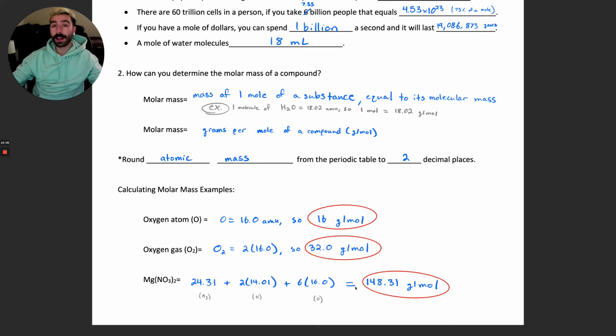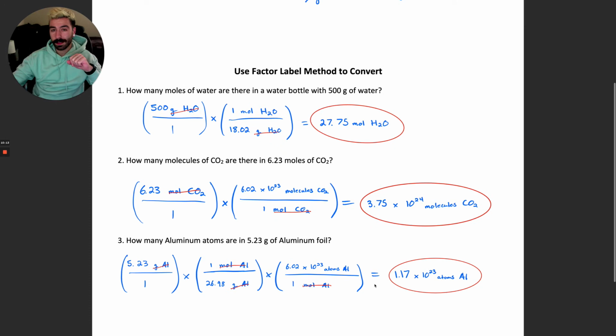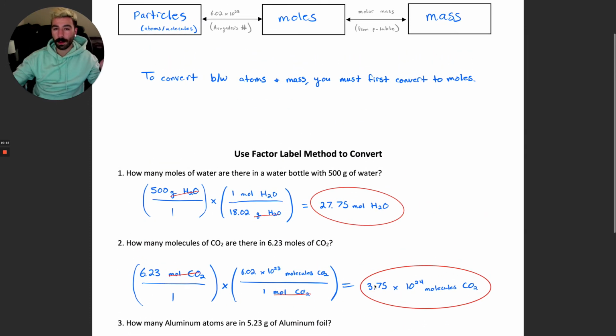And so when that all adds up, magnesium nitrate has a molar mass of 148.31 grams per mole. Okay, so that's molar mass. Now let's see how and why we're learning this.